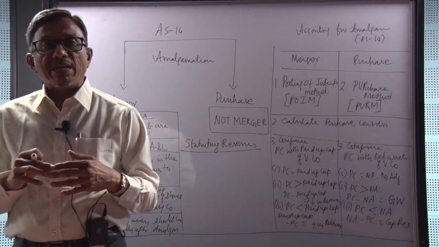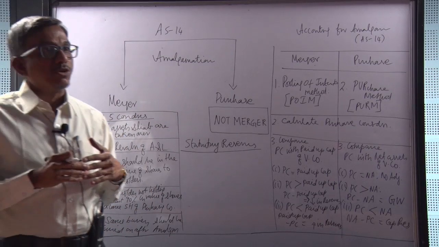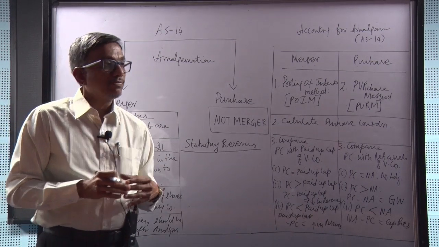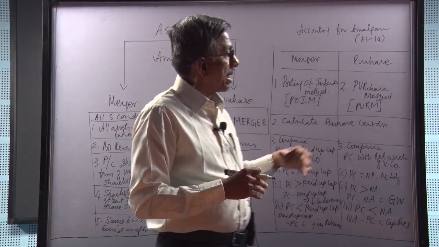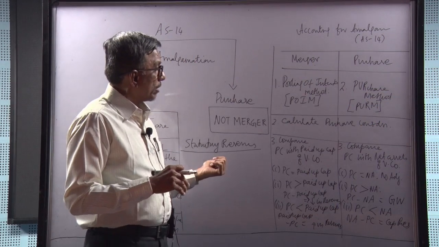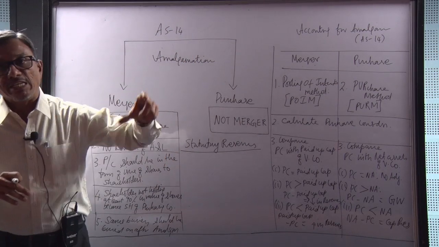If the vendor company has created a statutory reserve and the benefit of that reserve is going to be utilized by the purchasing company also, and this happens to be an amalgamation in the nature of purchase, these statutory reserves of the vendor company should be brought into the books of the purchasing company.